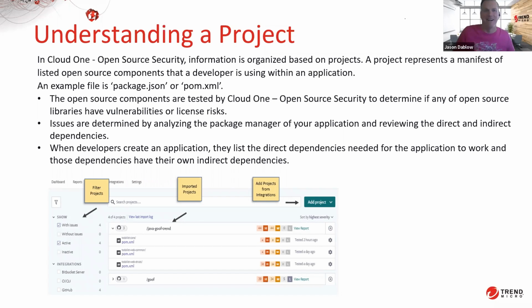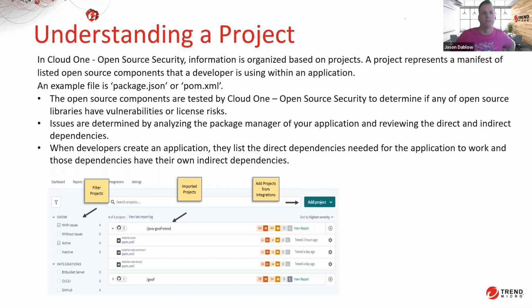All right, so we'll start by understanding what a project is. Again, follow along on PDF page 9. We'll start looking at and understanding a project using the open source security solution. Ultimately, all of the information is organized based on projects.